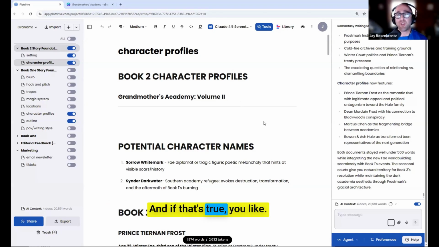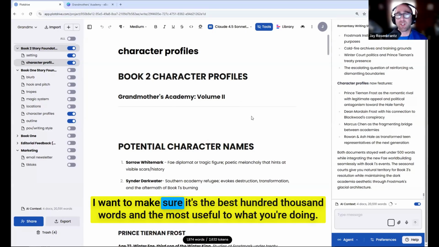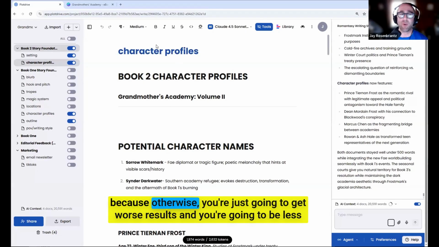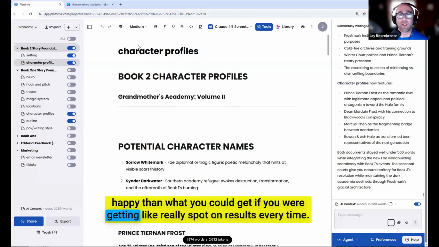If that's true, you want to make sure it's the best 100,000 words and the most useful to what you're doing, because otherwise you'll get worse results and be less happy than if you were getting really spot on results every time.